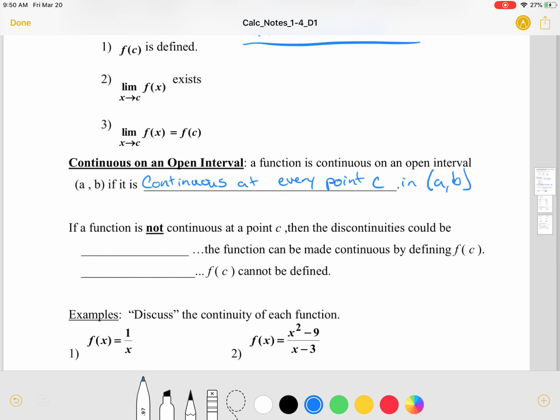Okay, so if a function is not continuous at a point C, then the discontinuities could be either a removable discontinuity, which is like having a hole in your graph, all right, or we could have a non-removable discontinuity, which is like a vertical asymptote.